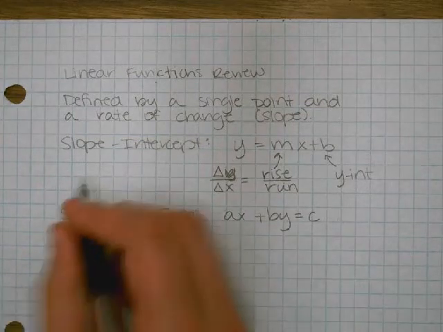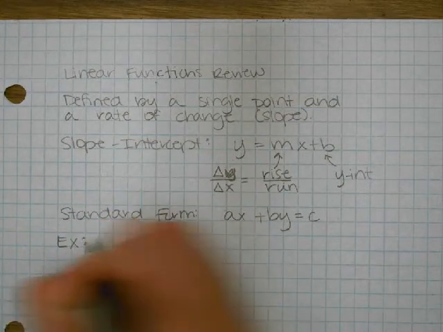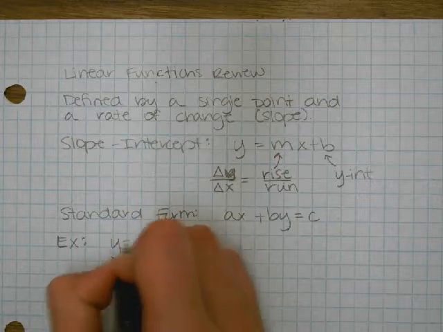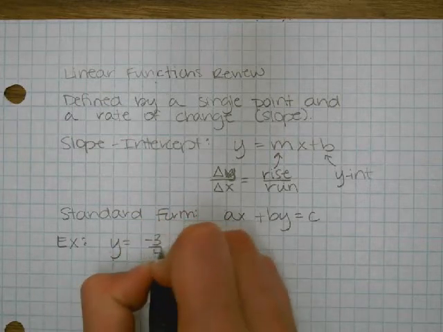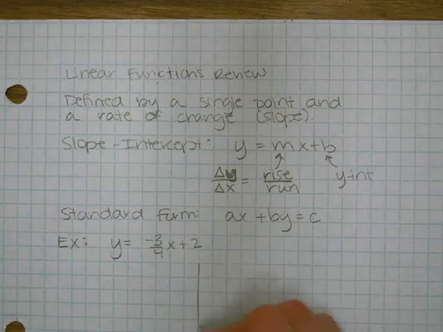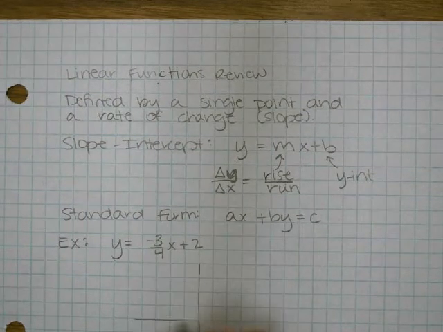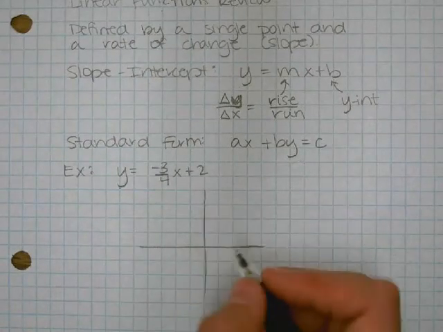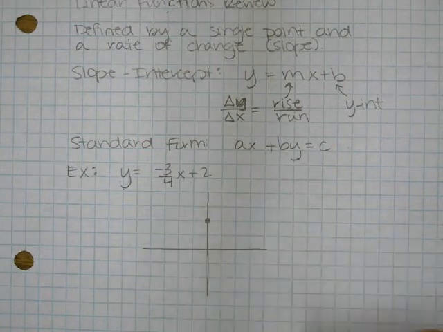So for the first example, to make sure we're not too rusty on these, we're going to graph the line y equals negative 3/4 x plus 2. So to graph, I'm going to start with my y-intercept of 2. I start on the y-axis.